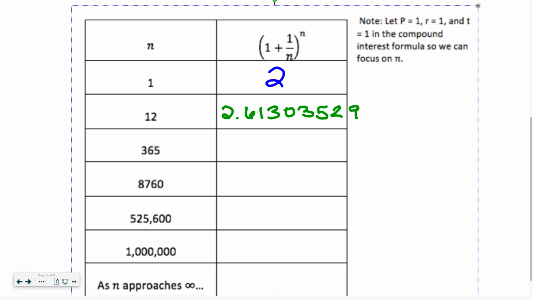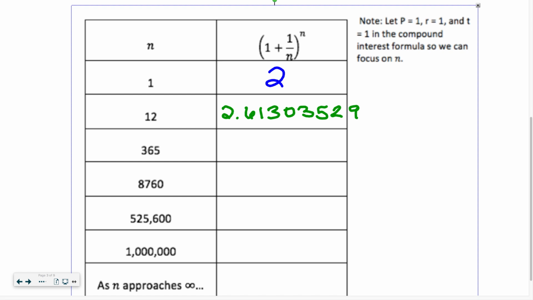Well, it's not 366. It's 1 plus 1 over 365. We've got to write the whole thing out. When you guys get 8,760, and when this group gets 525,600, we put it on the board.